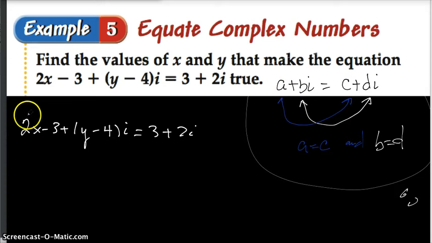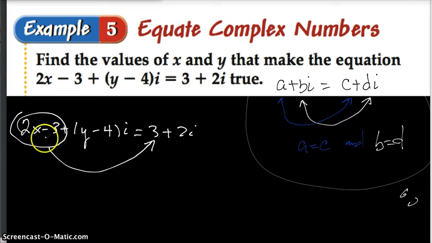So the real part here, all of this must equal 3, because this is the part hanging out that's not being multiplied by i. And here, this part that's being multiplied by i must equal this other side that's being multiplied by i. Therefore, this is equal to that.